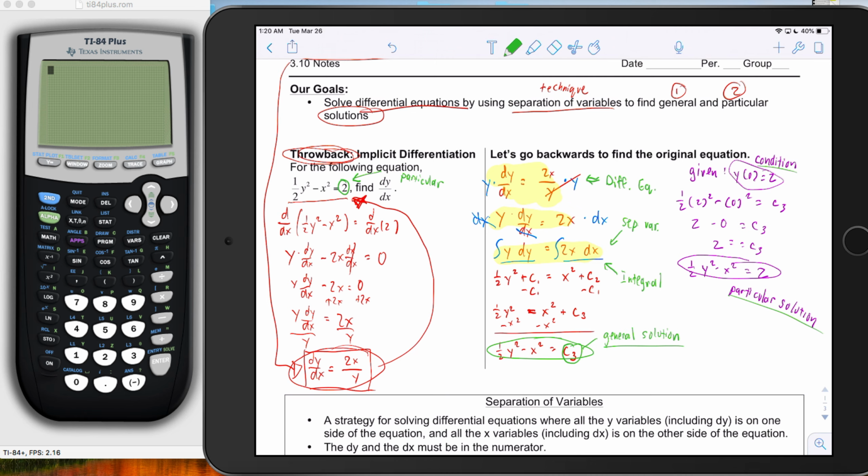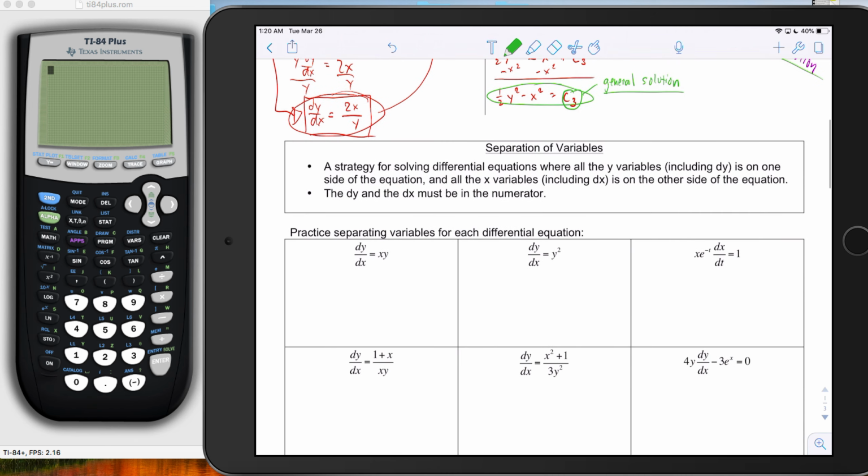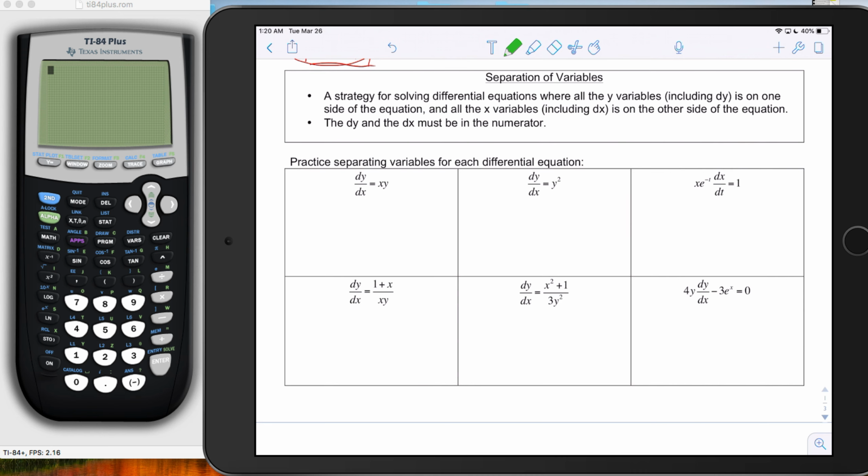Okay. So just to go down here, we have this separation of variables box. It's a strategy for solving differential equations where all the y variables, including the dy, is on one side, and all the x variables is on the other side.